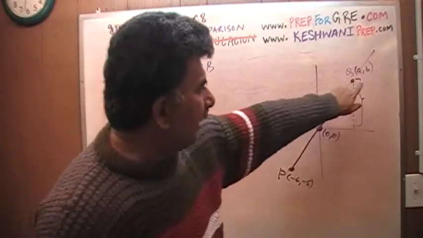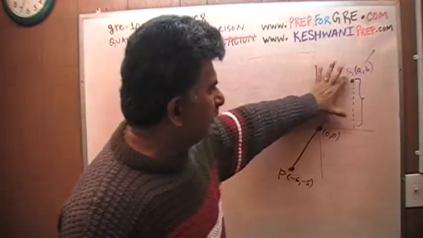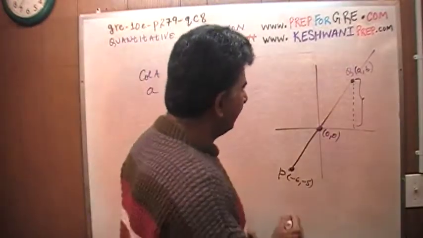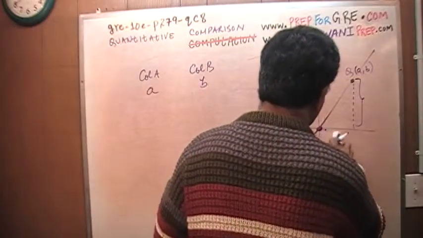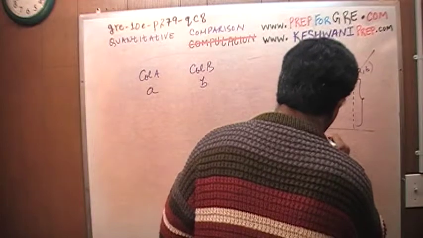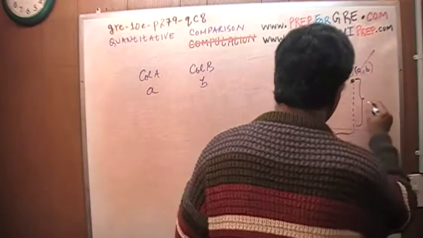B, the y coordinate of point Q, represents this height, and this is your A and this is your B.